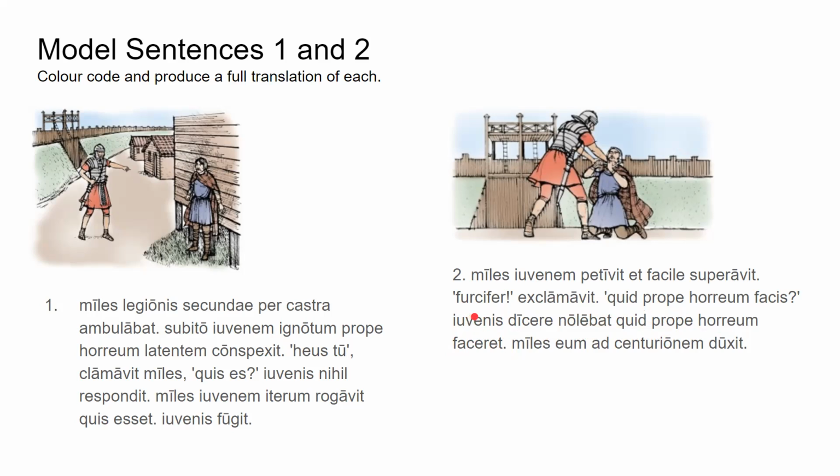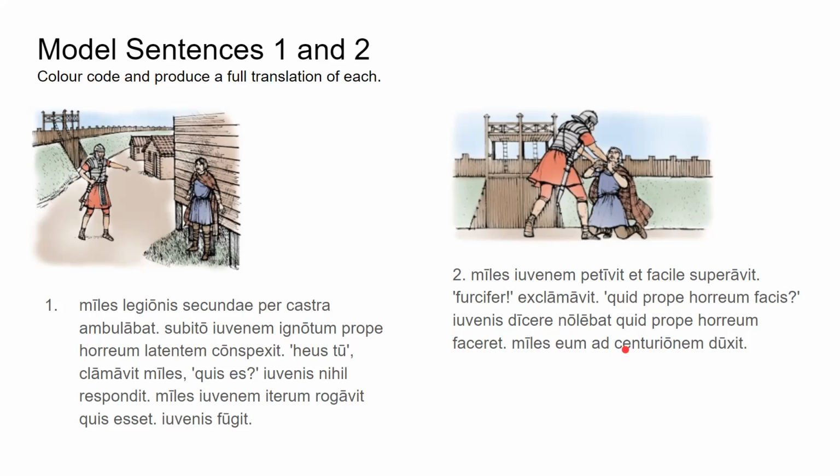So what we have here is nolo taking a complementary infinitive, and that dicere is a verb of saying, so it's introducing an indirect question. Quid right here is subordinating, and faceret is the subjunctive verb with it. So the youth did not want to tell what he was doing near the granary.